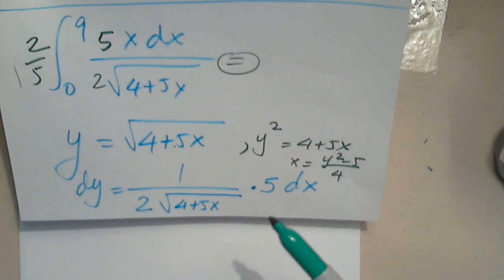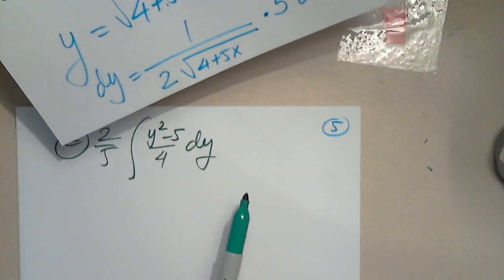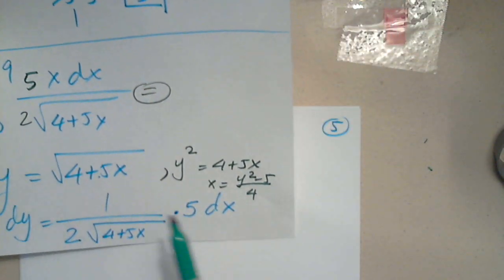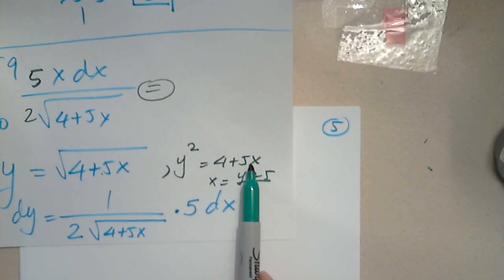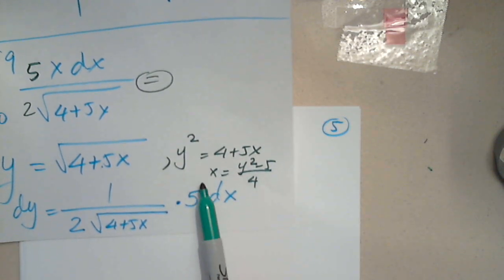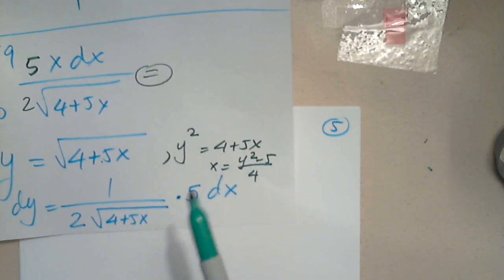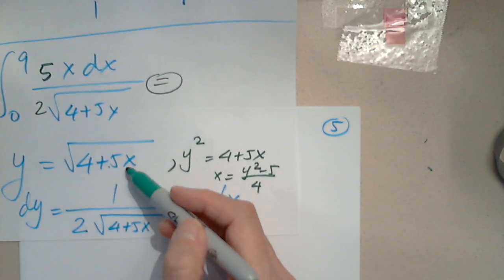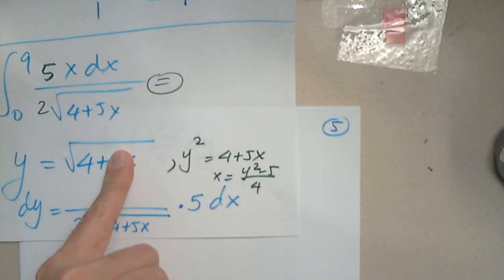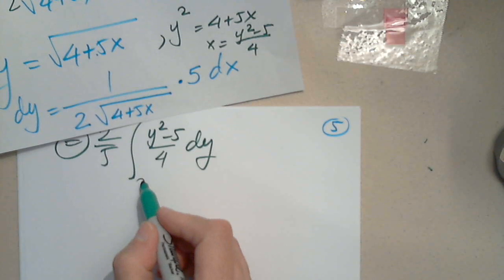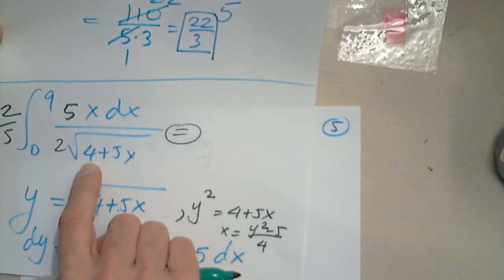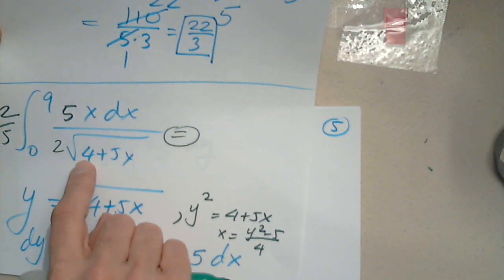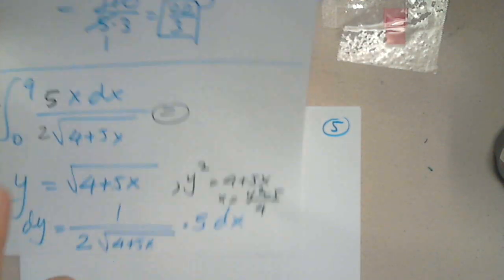So when I plug in 0, careful, do not copy the limits of integration. When I plug in 0 for x, I get the square root of 4, which is 2. When I plug in 9, 45 plus 4 is 49. The square root of 49 is 7.